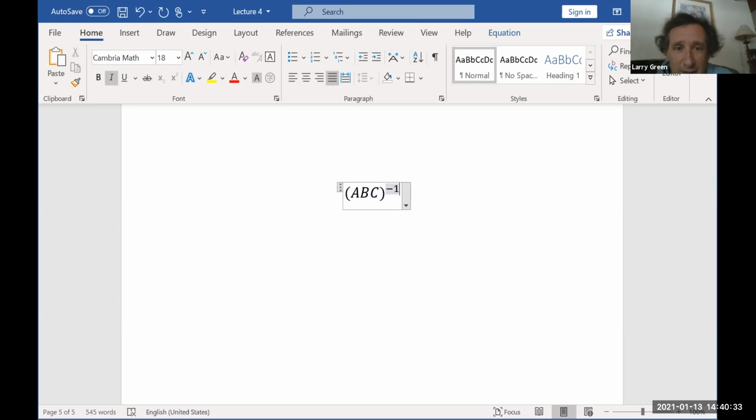Okay, so we need to show ABC inverse is equal to C inverse, B inverse, A inverse, backwards. And we use a definition. We know that you have an inverse if when you multiply, you better get the identity. Is that clear?